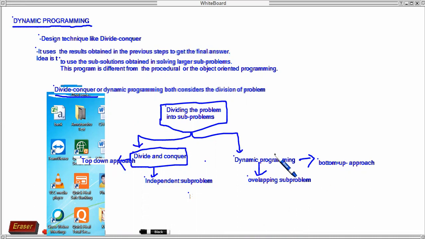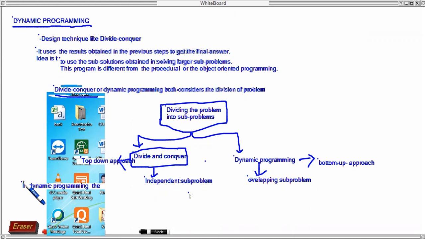So this is theory I'm telling, this is the concept, then we'll go for the major issues. In dynamic programming, what do we do?